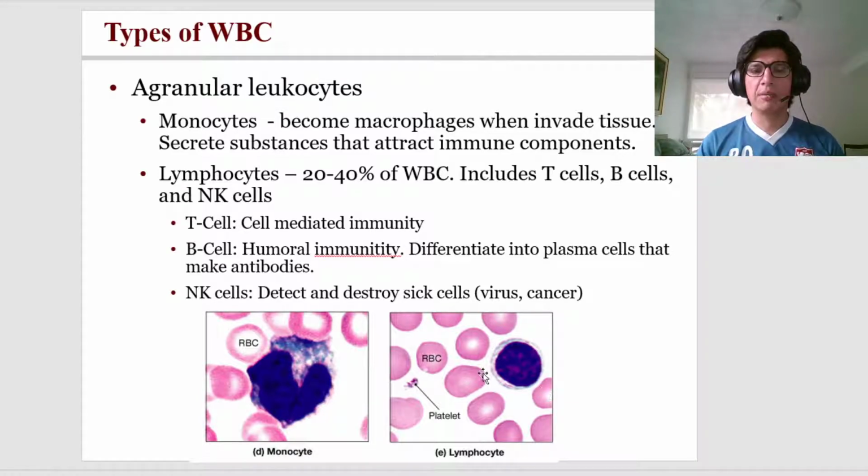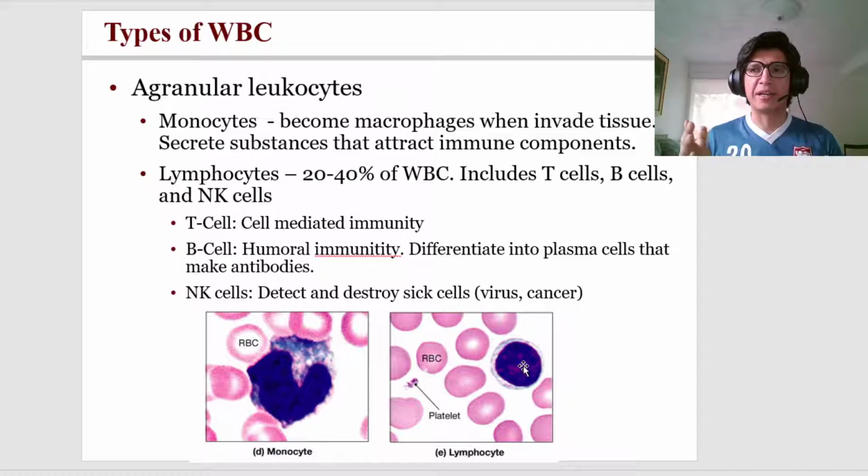Now here we have lymphocytes. As you can see here, there are three types of lymphocytes. You have your B lymphocytes, T lymphocytes, and natural killer cells. Your B lymphocytes are going to be responsible for the formation of antibodies, and if there is a novel virus out there, you would not have antibodies against it.